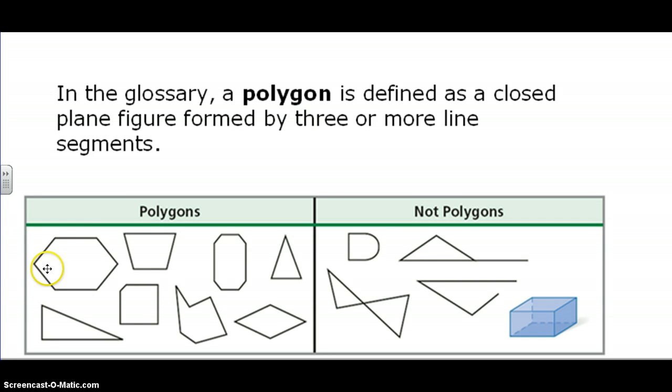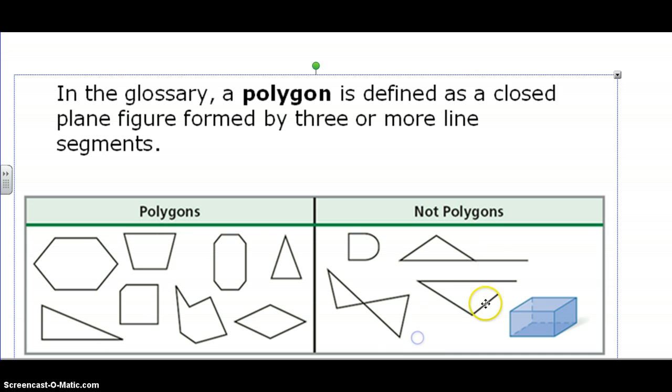Here we have a diagram of polygons, closed figures, formed by 3 or more line segments, and non-polygons, which are open or not entirely closed. This is not a line segment, and so on.